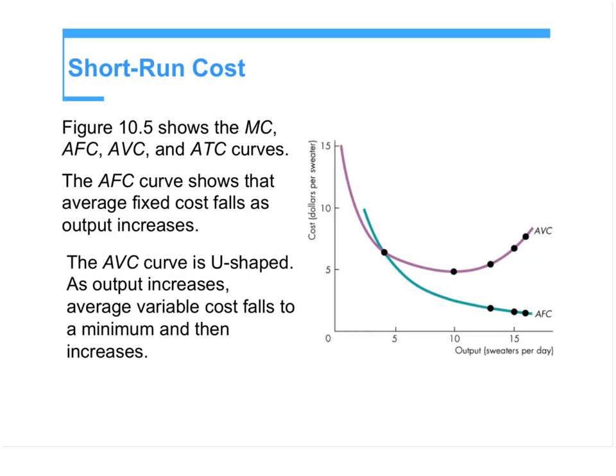But average variable cost is U-shaped. As output increases, average variable cost falls to a minimum and then increases again. Because if you remember, only up to a certain point is your average variable cost going to decrease, and at a certain level it starts to increase because your average return is decreasing. So these are related to each other.